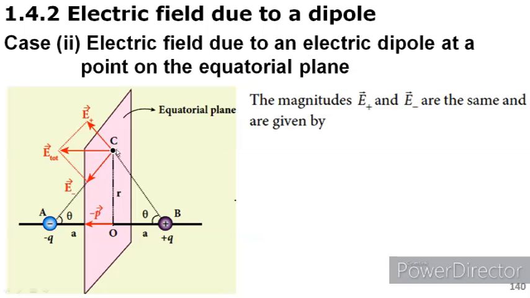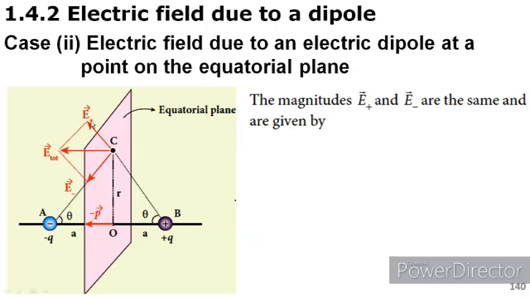If you put a positive test charge at this point, positive and positive will repel, so it will act along BC. Here it is negative and it is positive, so it will attract. So this is the direction of E minus.